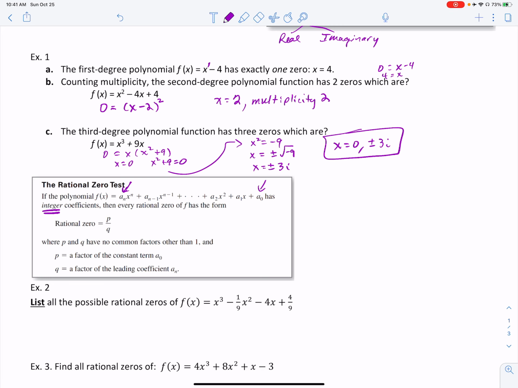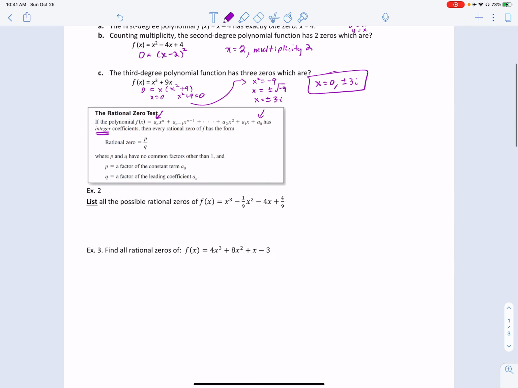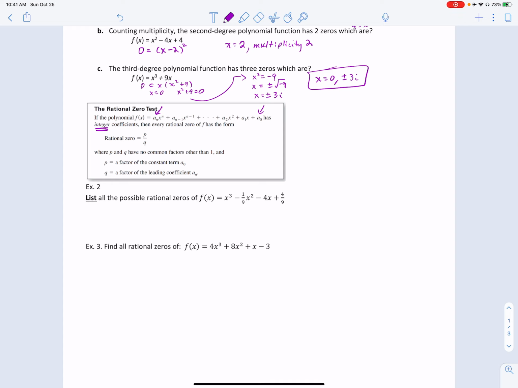And so list all the possible rational zeros for this function. Well, first of all, this doesn't have integer coefficients. So I am going to write it out equal to 0 because I'm going to try and find the zeros, the places where this polynomial would cross the x-axis.